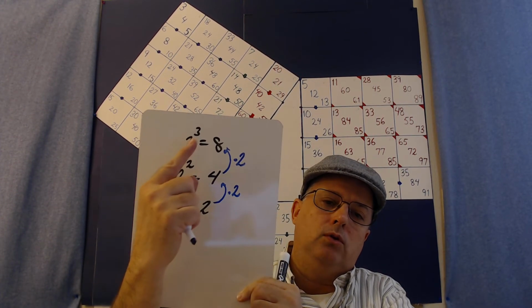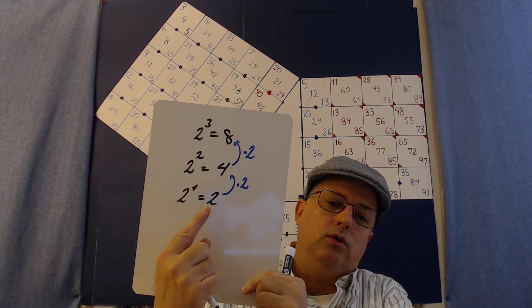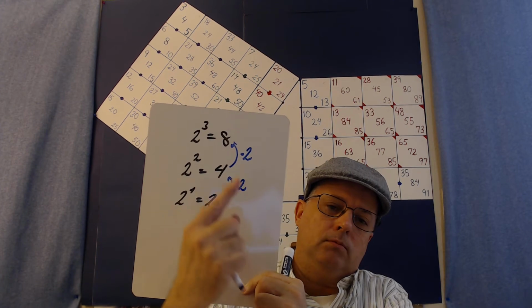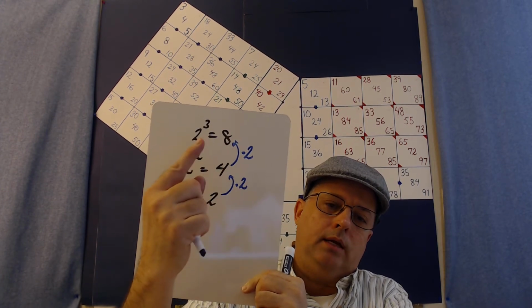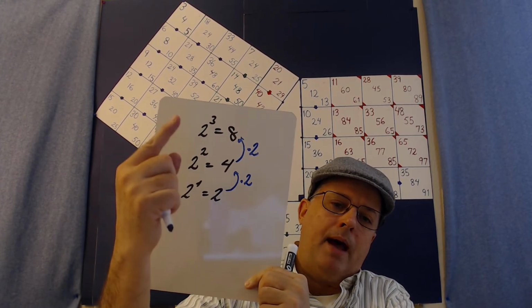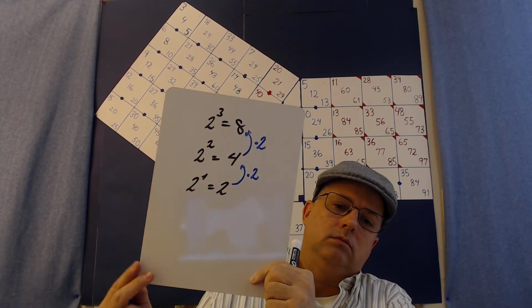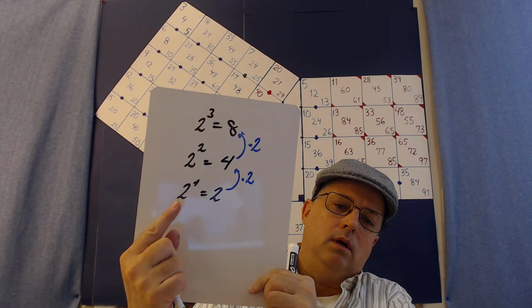And when we have 2 to the third, we need 3 2's. 2 times 2 is 4, and 4 times 2 is 8.